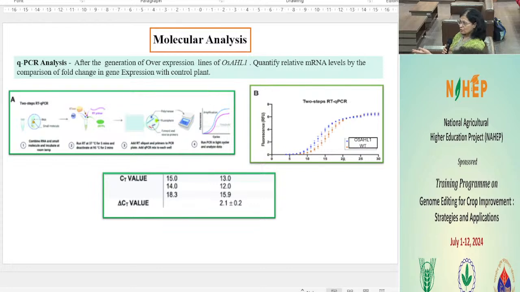AHL1. Or there is no need for this. If you are seeing an overexpression, yeah, but that you can do with HL1. Yes. So these are two different. So there is no flow in your methodology. So that you have to see.